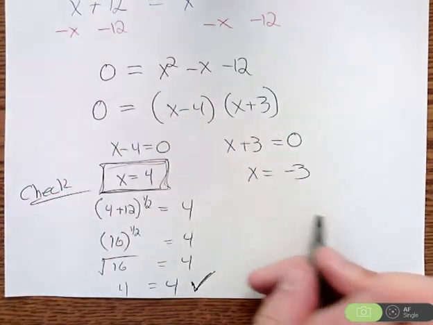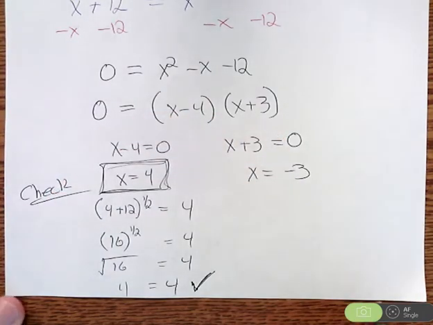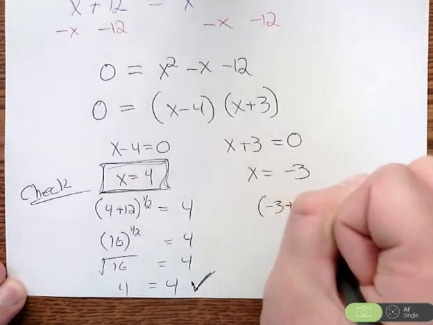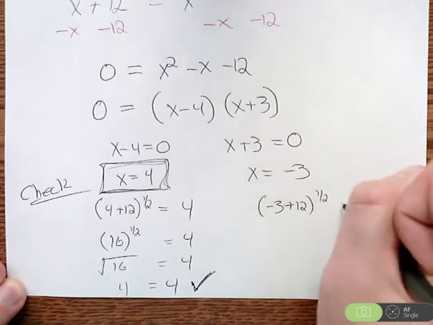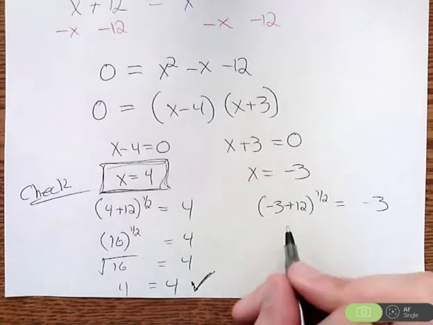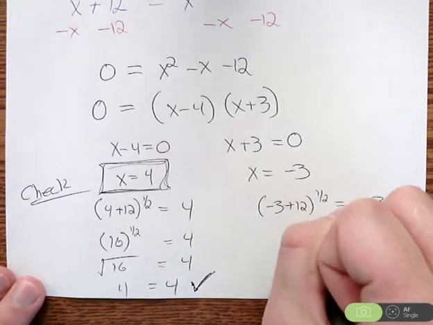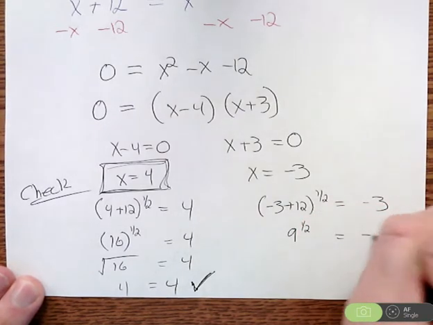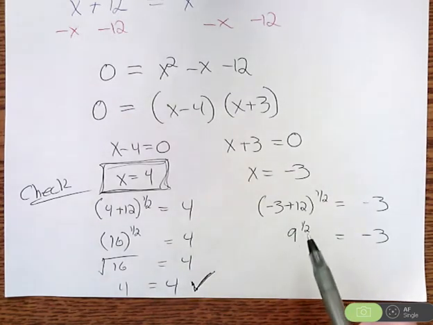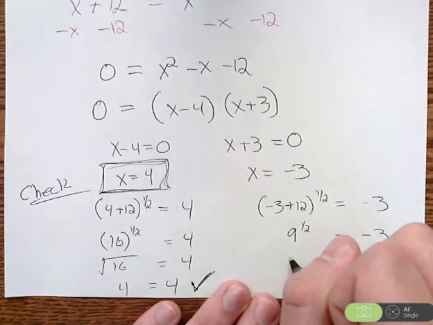Now I want to check whether x equals negative 3 is a solution. Plugging it in, I have negative 3 plus 12 to the 1/2 power equals negative 3. Negative 3 plus 12 is 9, so I have 9 to the 1/2 power equals negative 3. Again, you could use your calculator or convert to the square root of 9, and you end up with 3.